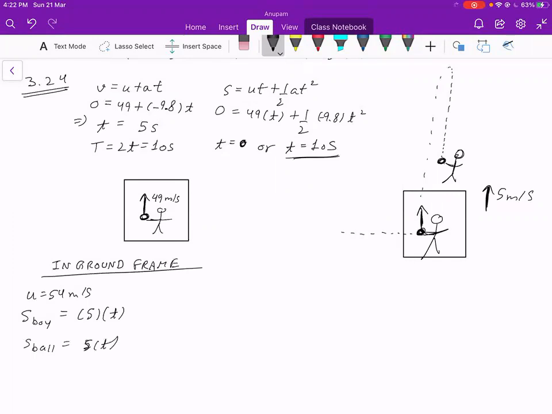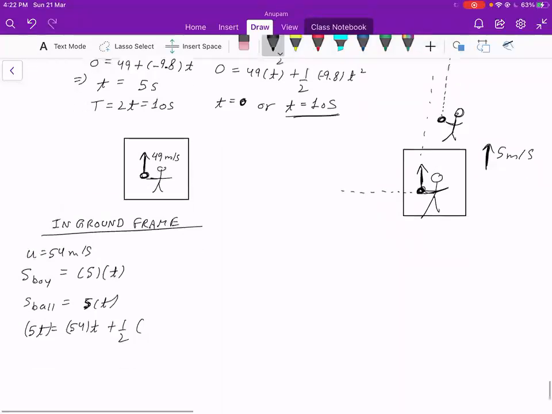So that means you are saying s equal to ut plus half at square. 5t is equal to 54t plus half, acceleration is how much in the ground frame? Minus 10. Let's take 9.8 again, and t square.